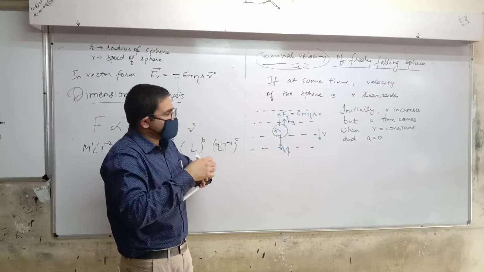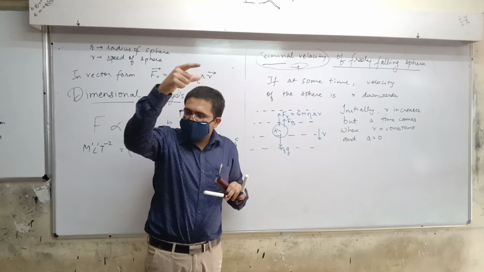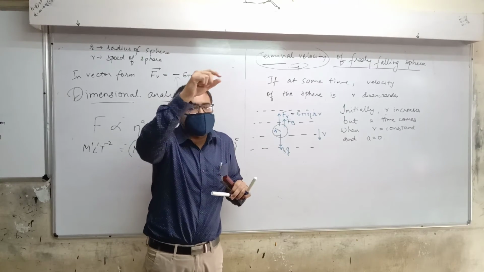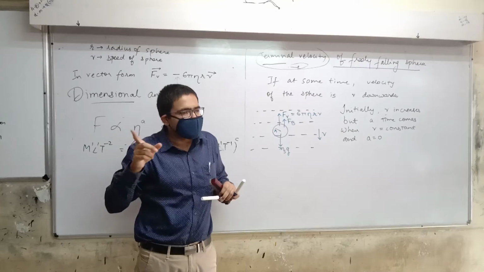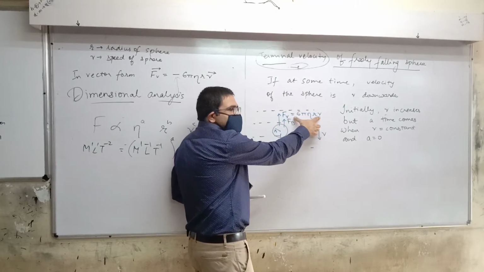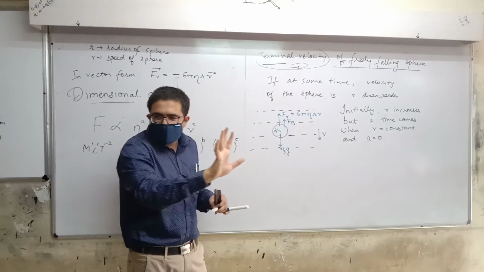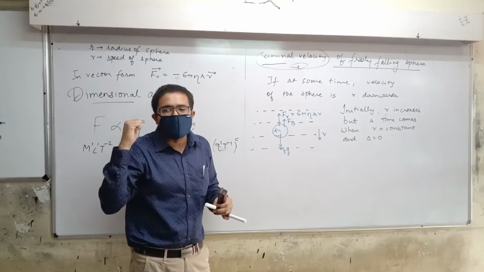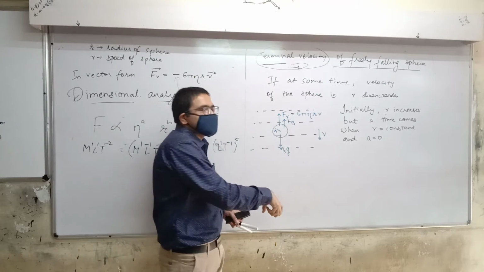So do you realize at start, when you just drop it, what's the initial speed? 0. Clear? So at the start, Fv is not there. Why? Because v is 0. Got it? So gravity will take the upper hand. Gravity will dominate and it will start pulling this down.